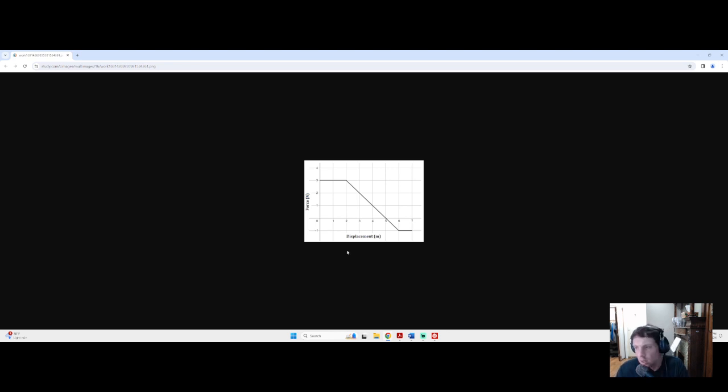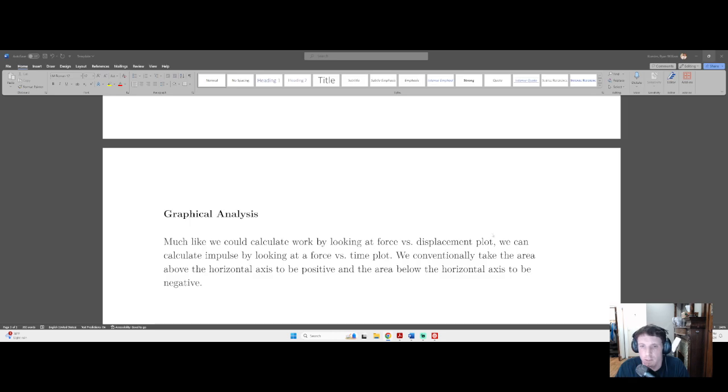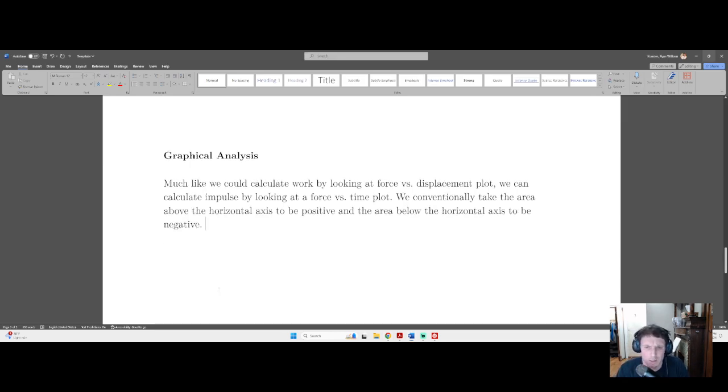You just find the area using some basic geometric formulas, and you just have to remember that above the horizontal axis, the area is considered positive, and below it's considered negative. Exact same formalism there. I don't think I'll say anything else about this, but of course you can ask questions if you have any. Okay, let's look at some example problems then.